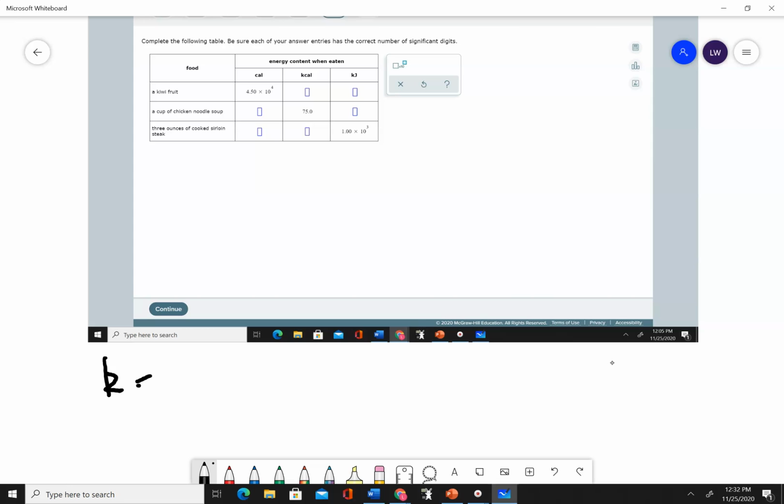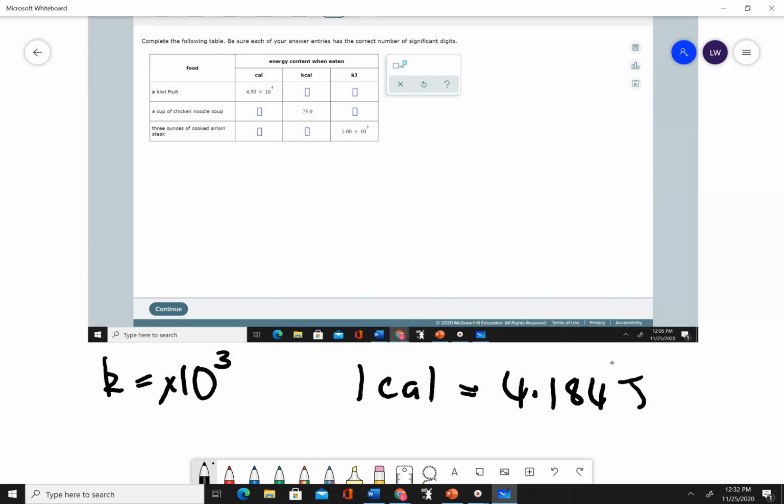We know that k equals times 10 to the 3, and we know that 1 lowercase calorie is the same as 4.184 joules. So as long as we keep those things in mind, this should be relatively straightforward. And then we've just got to keep an eye on our sig figs. And it looks like in this case, everything is going to get rounded to 3 significant figures.